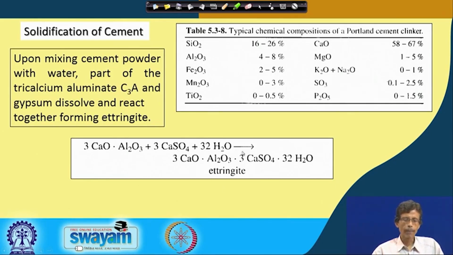If you have the balanced amount, the corresponding amount of water is 32 water molecules, so when we write the chemical formula of the compound, we write it with the dot 32H2O. That means the water of hydration is very important to this particular cement material, because you will be adding water.